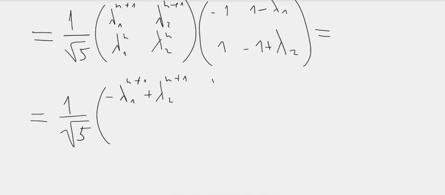Here it would be lambda 1 to the power n plus 1 minus lambda 1 to the power n plus 2 minus lambda 2 to the power n plus 1 plus lambda 2 to the power n plus 2.